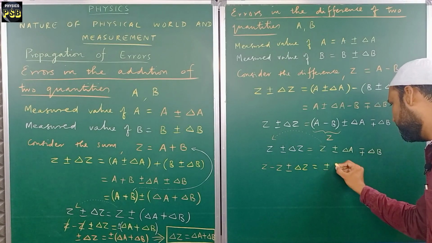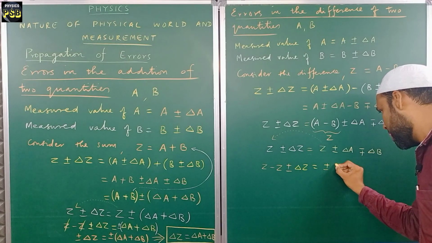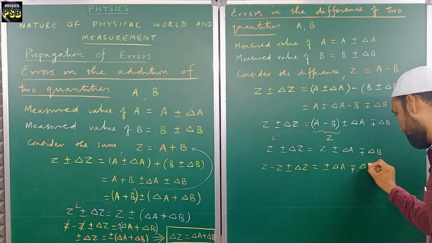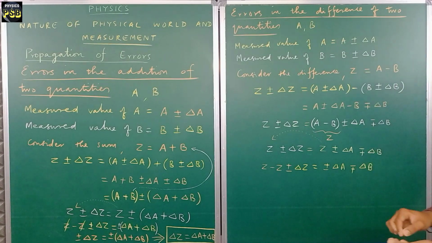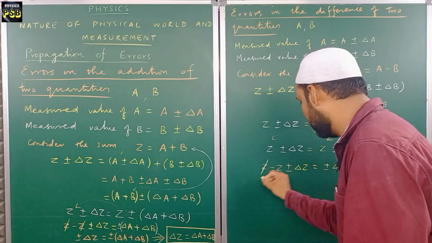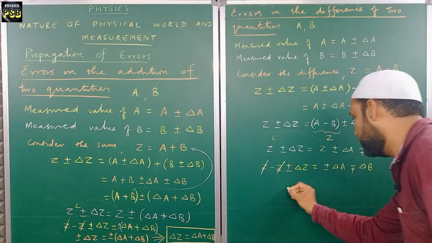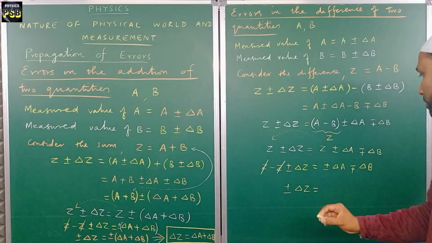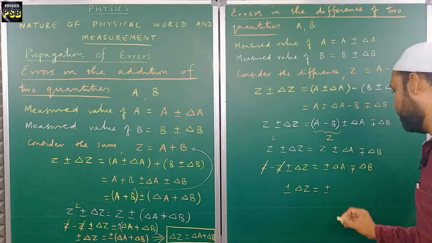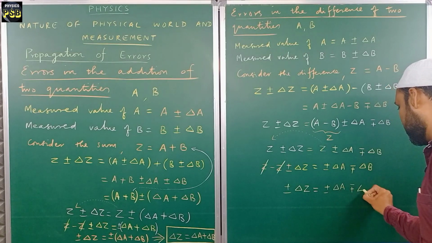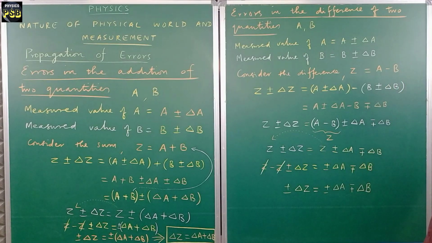I will increase one more step. Okay, so this time these two get cancelled, this and this get cancelled, and what remains is this plus or minus delta Z equals plus or minus delta A minus or plus delta B.